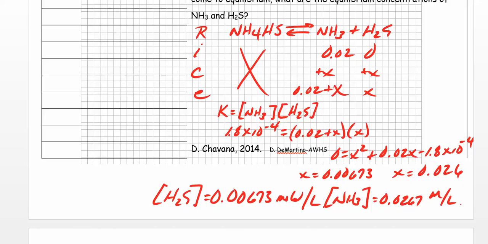The alternate X was negative, so that would mean this is not possible, right? So the X I'm going to use is 0.00673. That would give me equilibrium concentrations of H2S of 0.00673 moles per liter, and ammonia would be 0.0267 moles per liter.